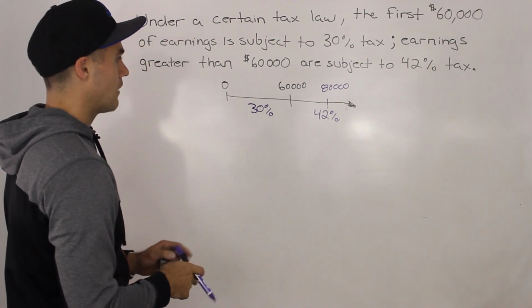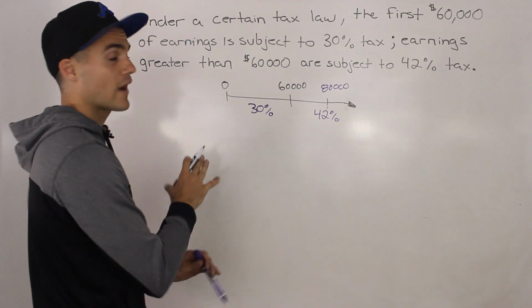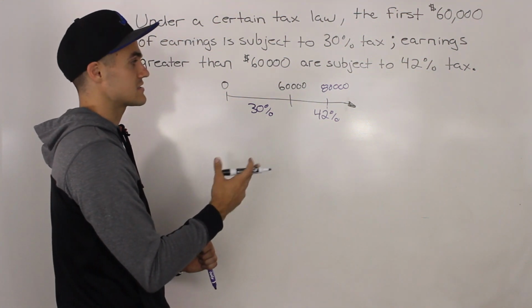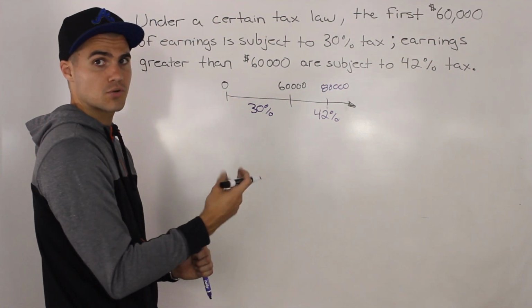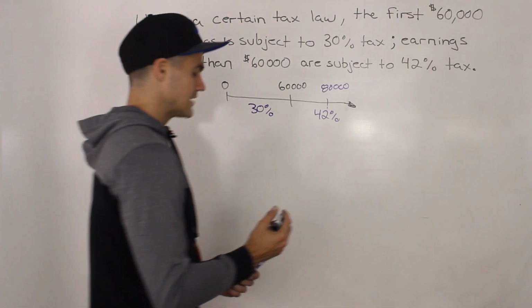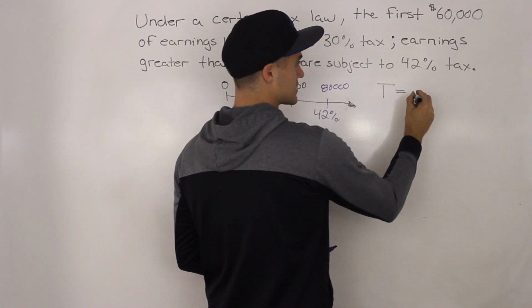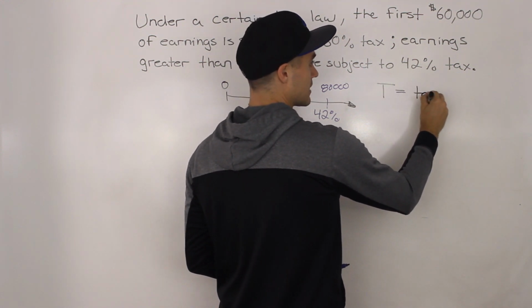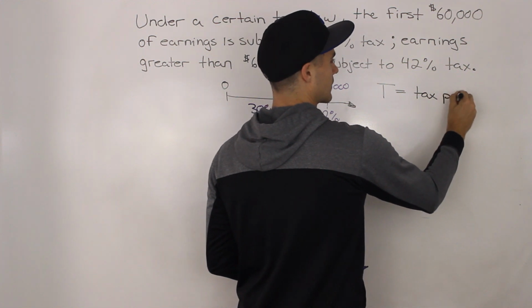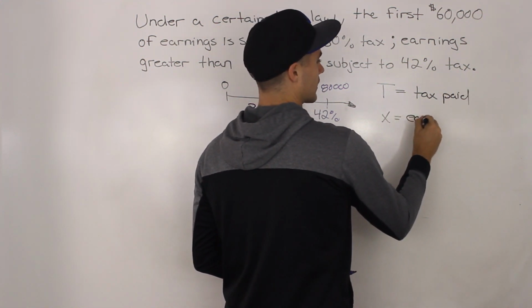So knowing that, how can we make a function for this situation, or for any situation, for any earnings that we input in the function? We could figure out what the tax is right away. Well, let's introduce some variables here. So let capital T equal tax paid, and then let x equal your earnings.